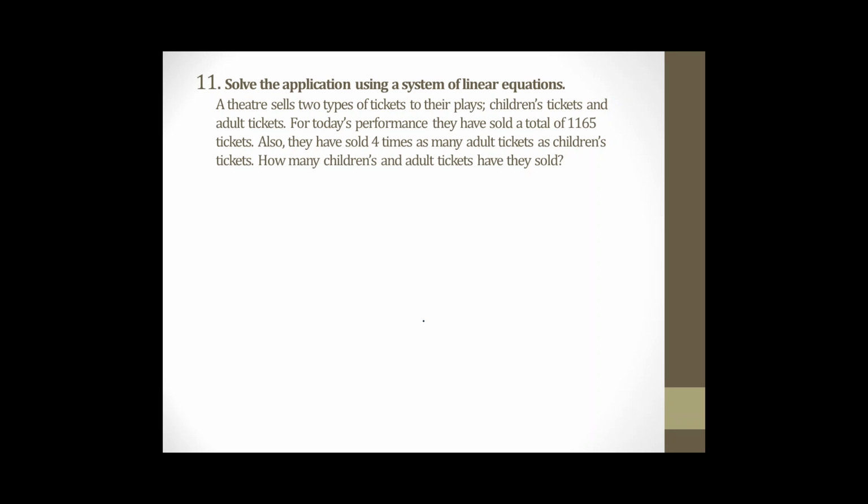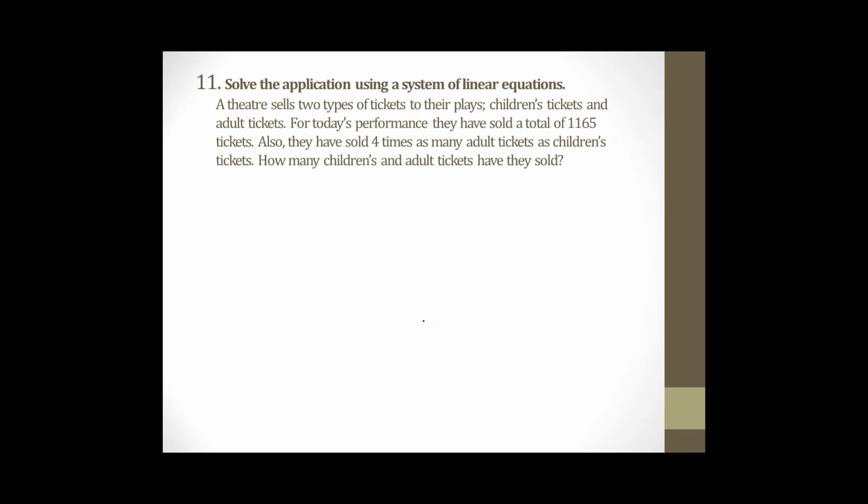All right, so knowing that we are dealing with systems of linear equations, we're going to have to come up with two equations. Look at the first sentence and read it again, and you should be able to come up with an equation. It says that they have two types of tickets, children's and adults.